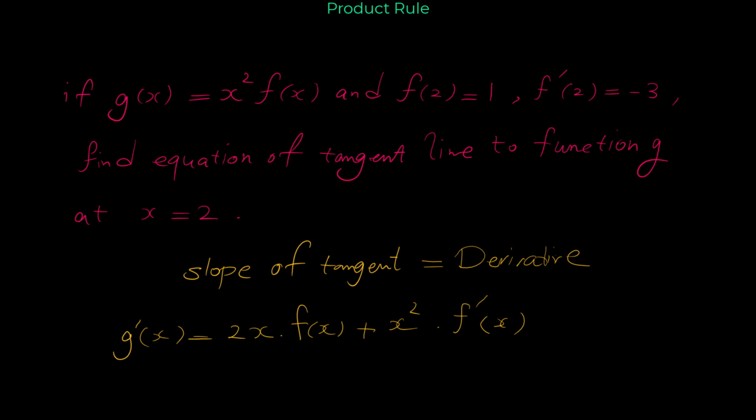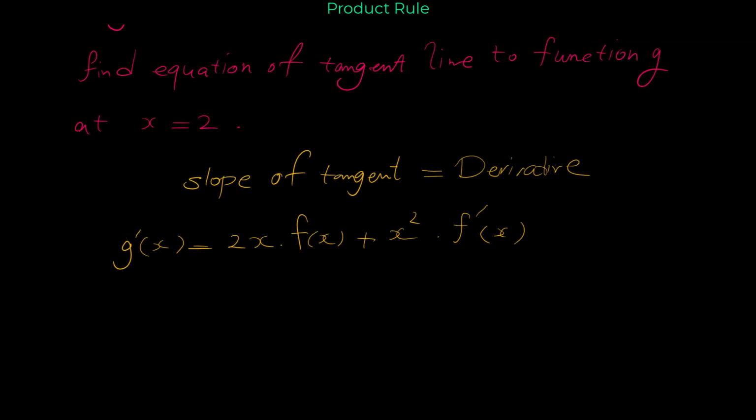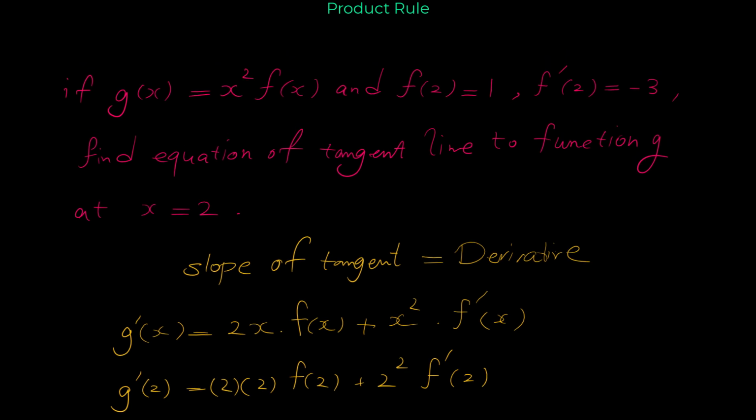We want to find the equation of the tangent line when x is 2. So let's substitute 2 for x. If we substitute 2, we have 2 times 2 f of 2 plus 2 to the power of 2 f prime of 2. Attention here, f of 2 is given as 1 and f prime of 2 is given as negative 3.